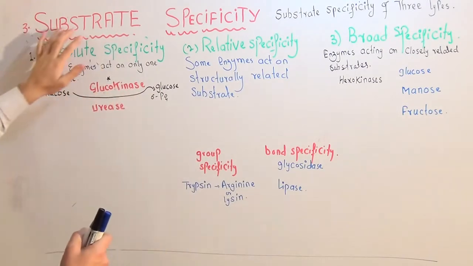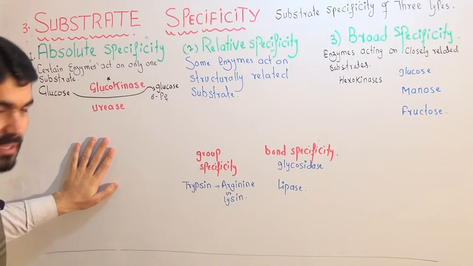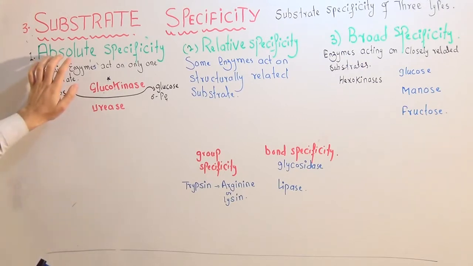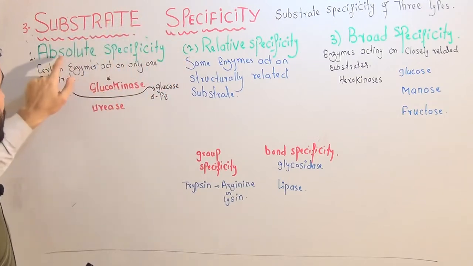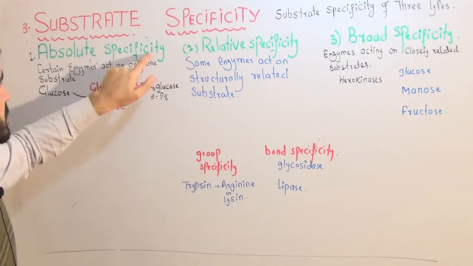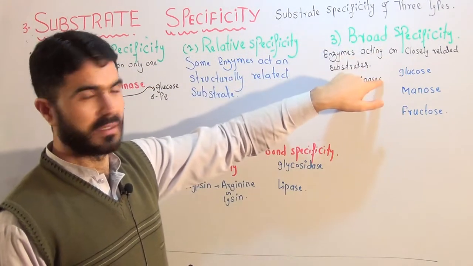In a similar way, in the case of enzyme specificity, the substrate specificity is of three types. One is called absolute specificity, the second one is called relative, and the third one is broad specificity.